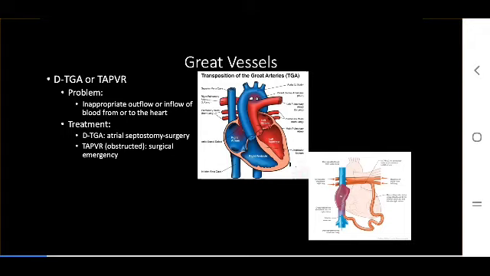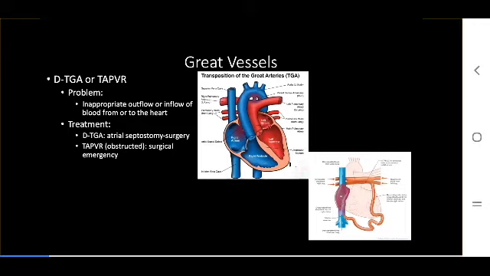So in these situations, if we don't cause some mixing of the blood, these children typically will die and will often present quite blue and in extreme situations. The opposite side, so rather than outflow, looking at the inflow, the major emergency that we see in TAPVR is those that have typically inferior connections, and those usually have obstruction.